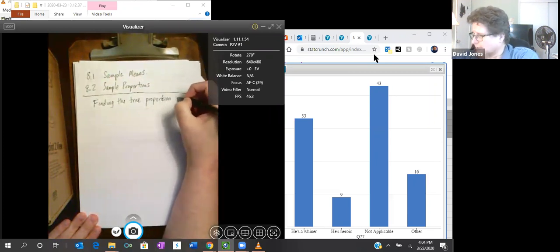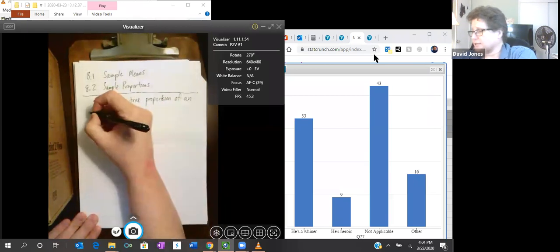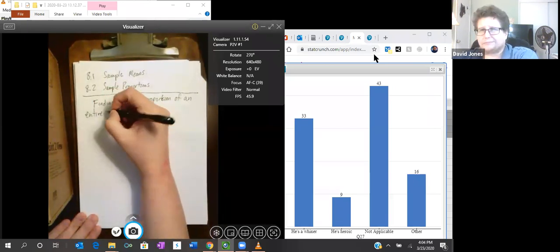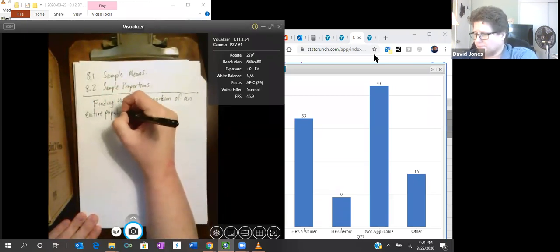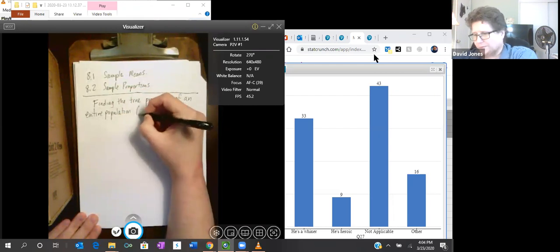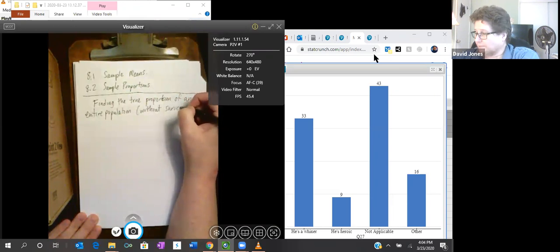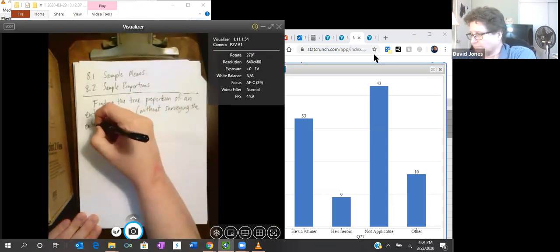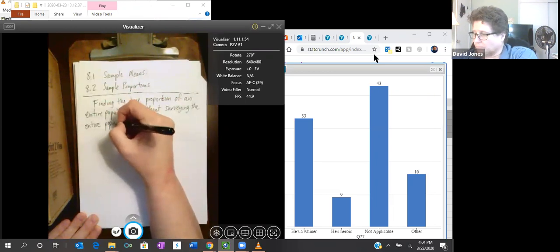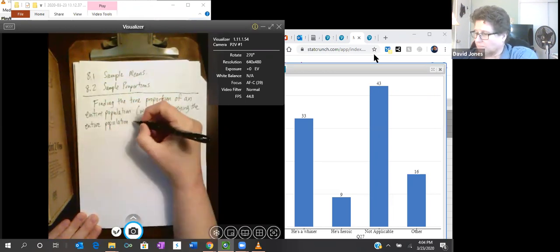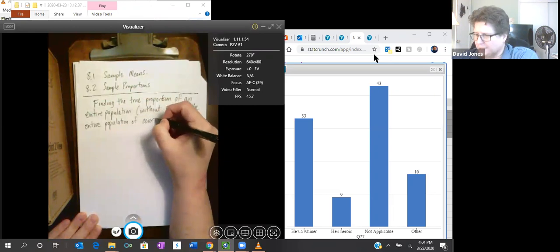Finding the proportion of an entire population without surveying the entire population, of course, is extremely difficult.